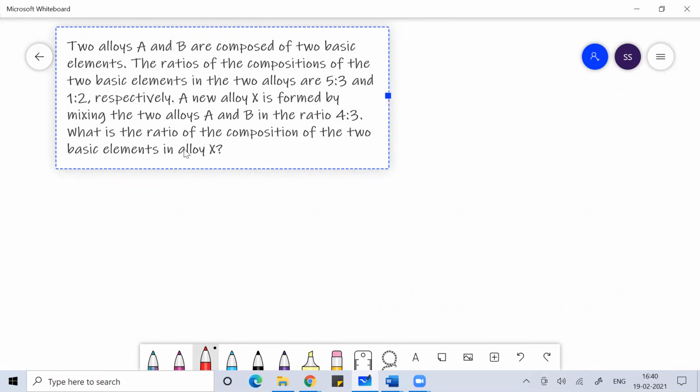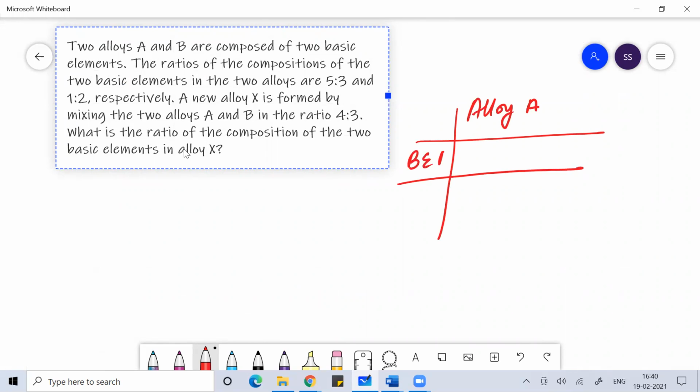The ratio of composition of two basic elements in two alloys are 5 is to 3 and 1 is to 2 respectively. Two alloys A and B. So alloy A consists of basic element 1, basic element 2. The ratio is 5 is to 3. So this is 5x, this is 3x, this becomes 8x.